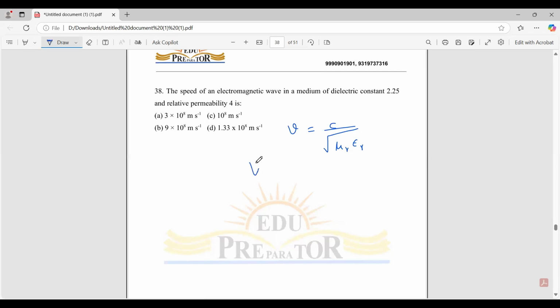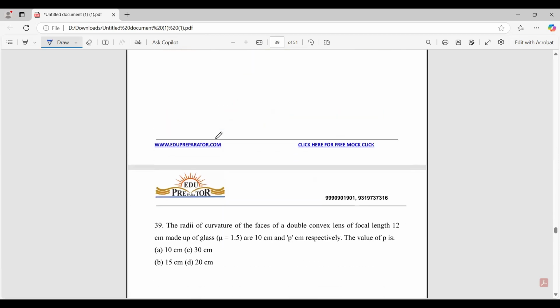Now all points are clear. Speed is 3 into 10 to the power 8. You divide this with the square root of 2.25 into 4. So 2.25 into 4 is 9, the square root of 9 is 3, and 3 goes. So we have C as the correct answer, 10 raised to the power 8. Right? Let us move further.